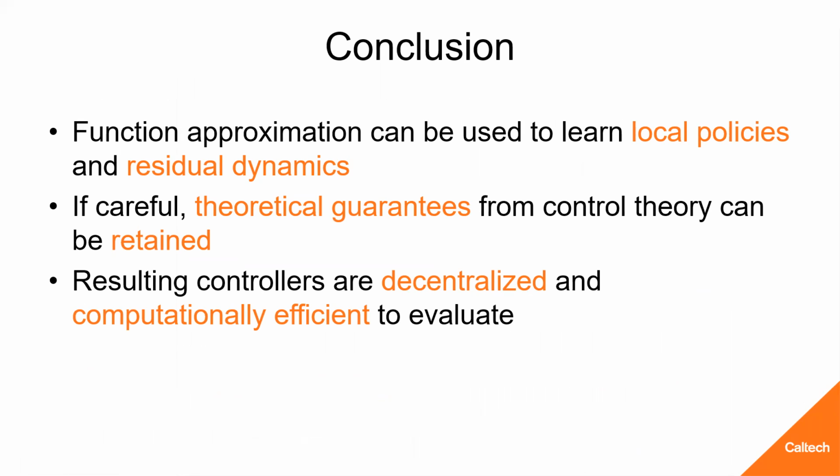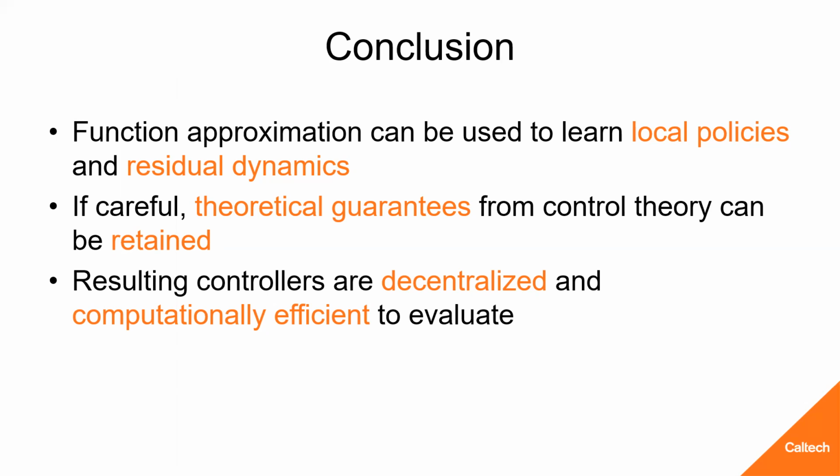All right, so let me conclude and then talk briefly about some future work. Functional approximation, or of course learning, can be used both to learn local policies and residual dynamics.